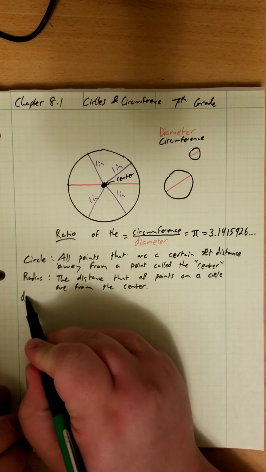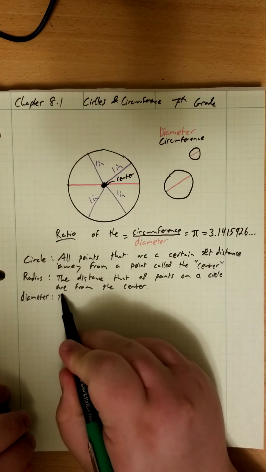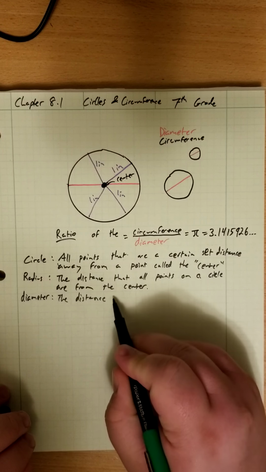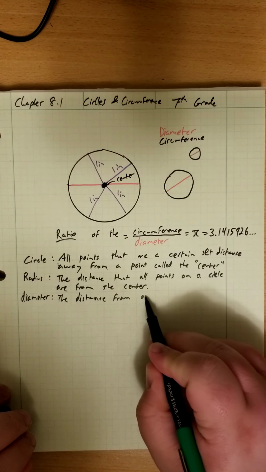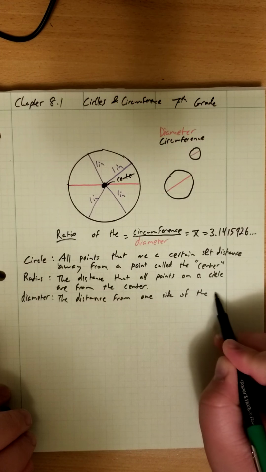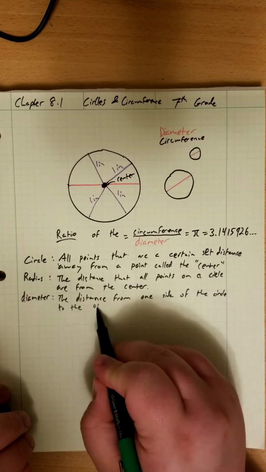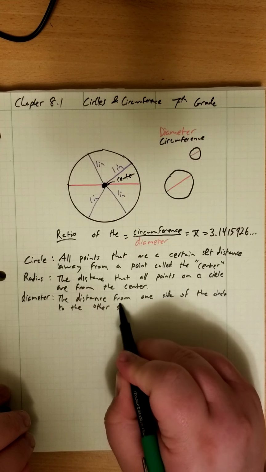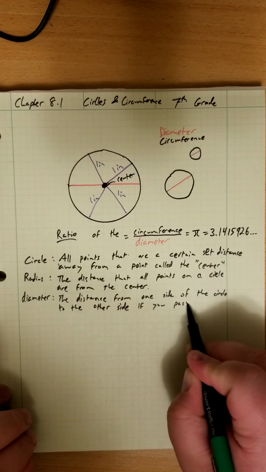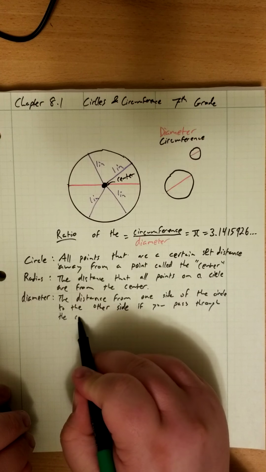The diameter is the distance from one side of the circle to the other side if you pass through the center.